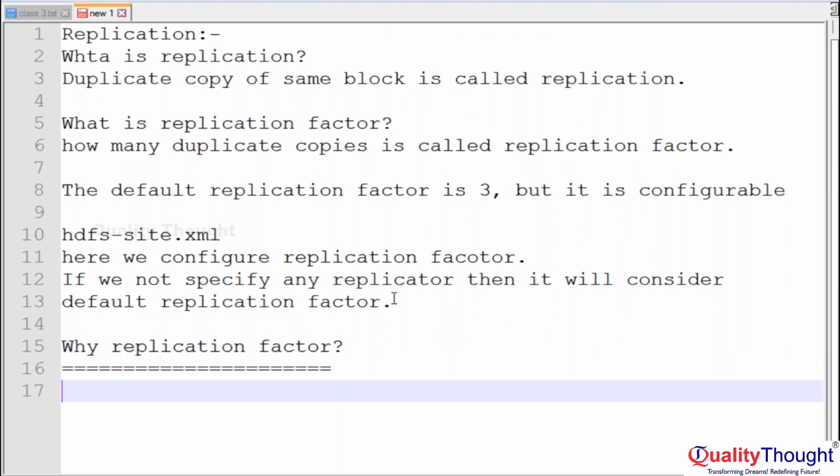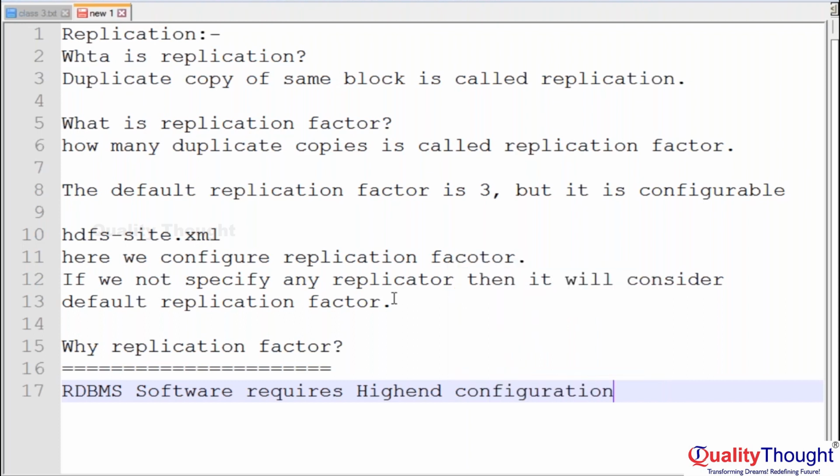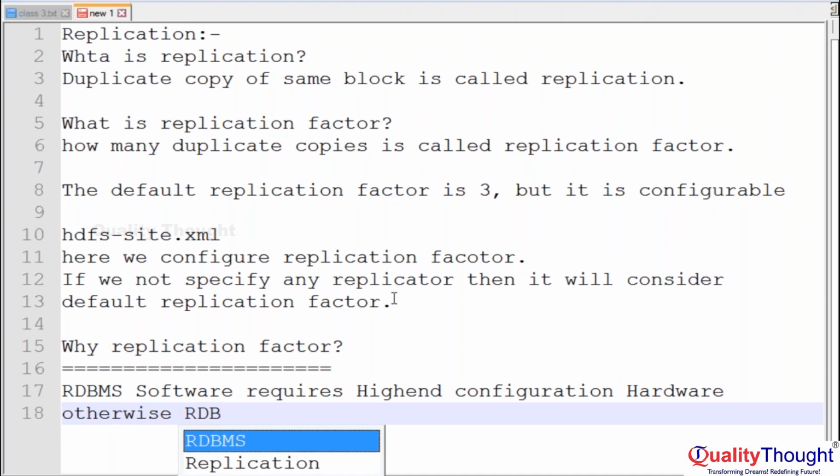Let's take one simple use case: RDBMS software requires high-end server software and high-end configuration hardware. Otherwise RDBMS crashes.